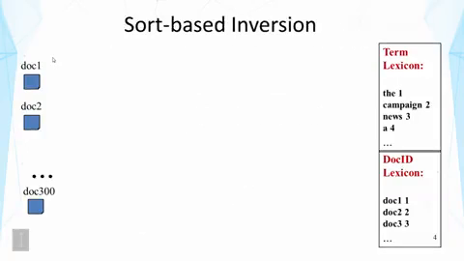On the left, you see some documents. And on the right, we have shown a term lexicon and a document ID lexicon. And these lexicons are to map string-based representations of document IDs or terms into integer representations, and map back from integers to the string representation.